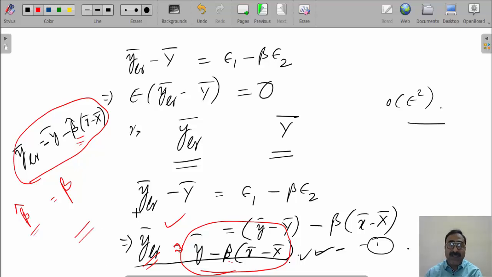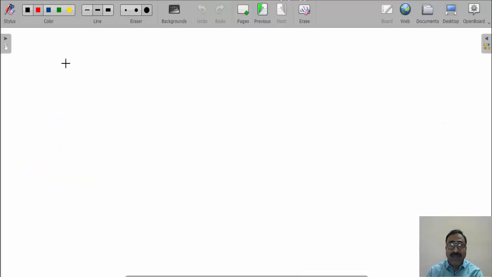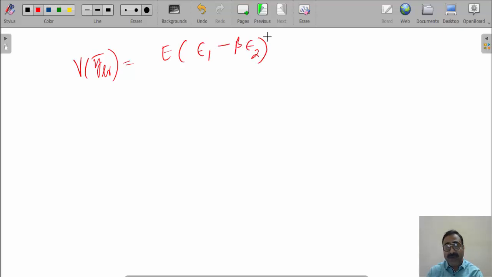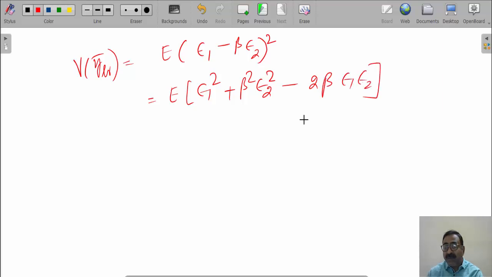So now the large sample variance of the linear regression estimator, that is equal to expectation of epsilon 1 minus beta epsilon 2 whole square. So that is equal to expectation of epsilon 1 square plus beta square epsilon 2 square minus 2 beta epsilon 1 epsilon 2.